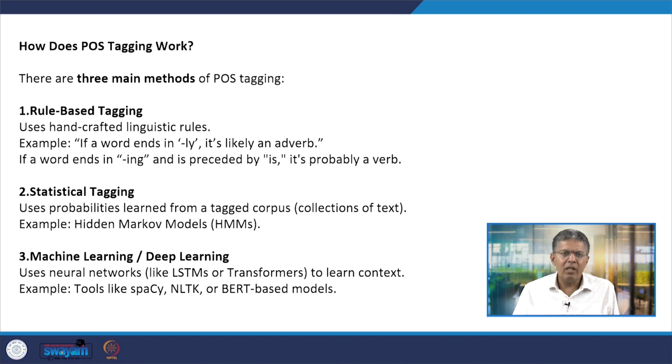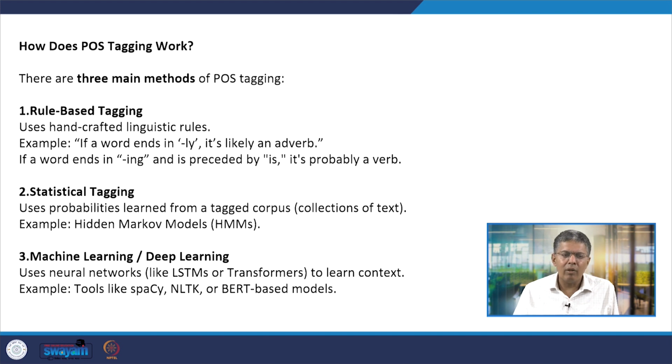Third technique is machine learning or deep learning. It uses neural networks, right. It is basically like transformers to learn context. We have learned that many a times, most of the times in fact, the problem is in the context. In which context is somebody saying it?